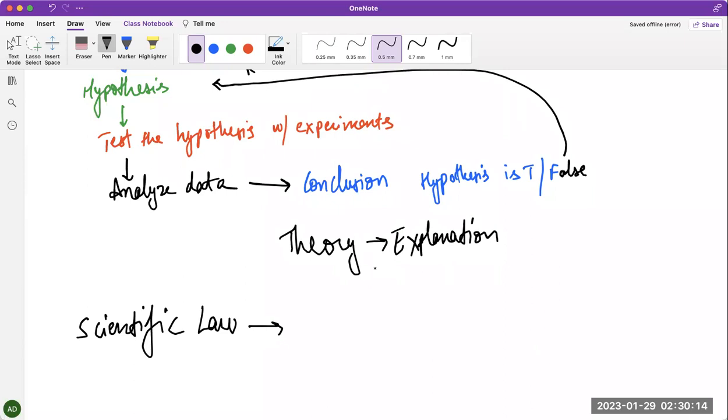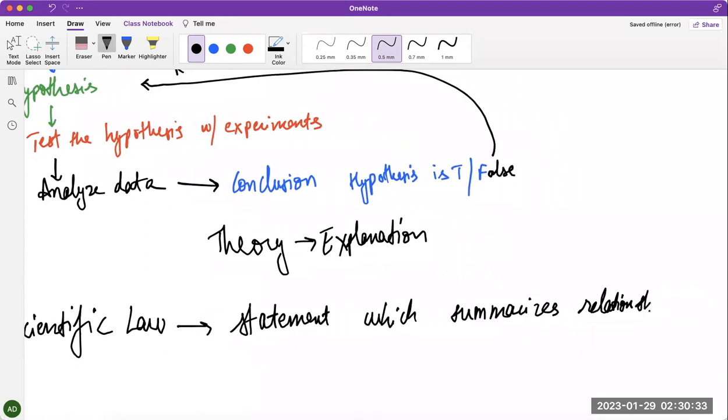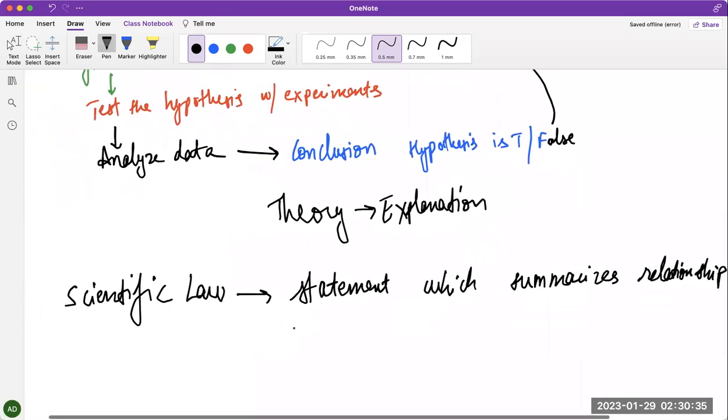Think of scientific law as a statement which summarizes the relationship between the variables.